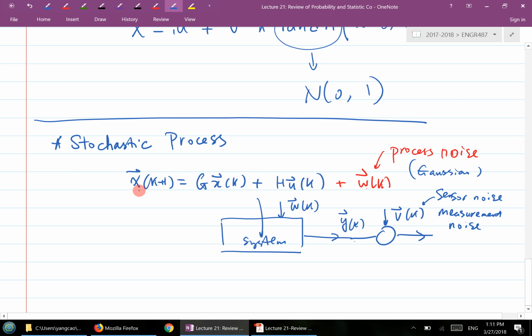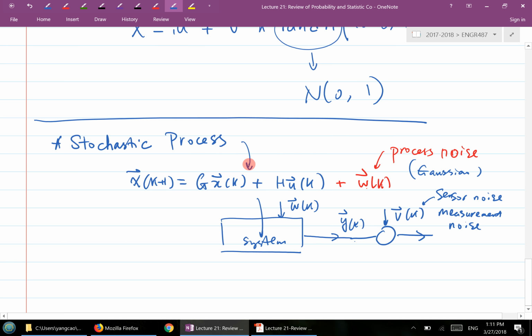It's like each time you're putting a different input into the system, then the output of the system, or the state variable calculated based on this expression, will also be different. So this will also take a different value. This basically gives us the so-called stochastic process. It's not a clean system.